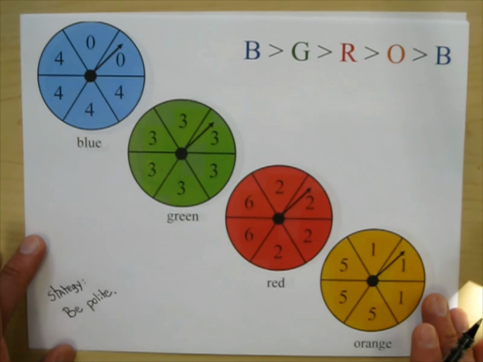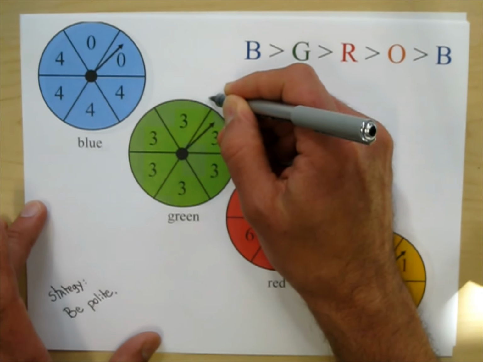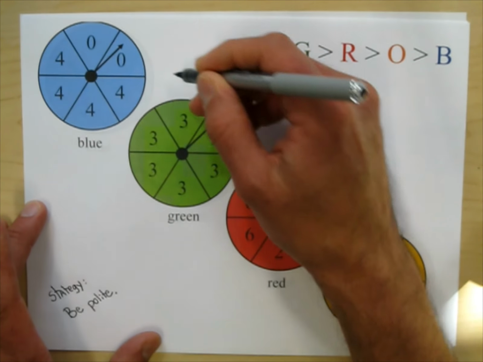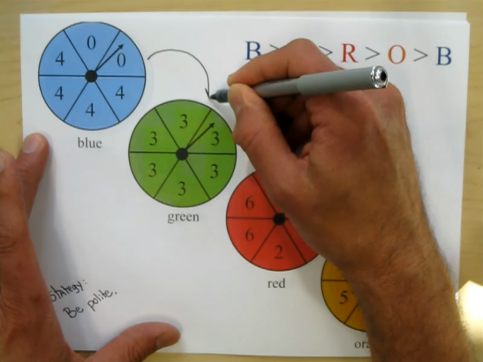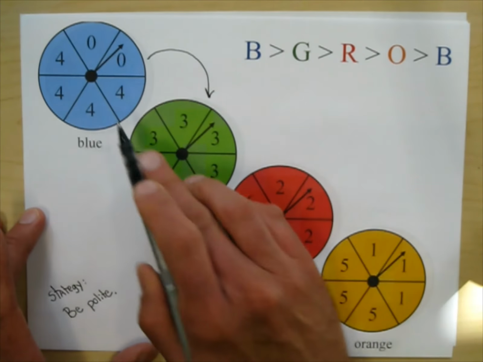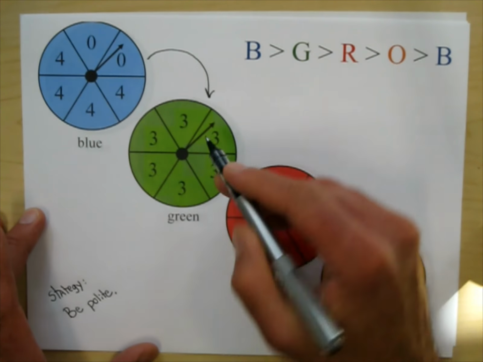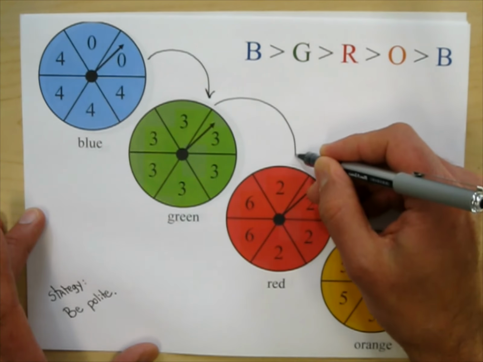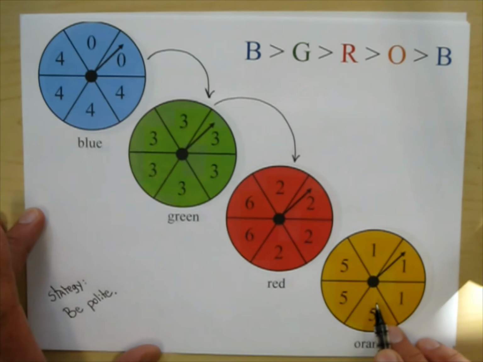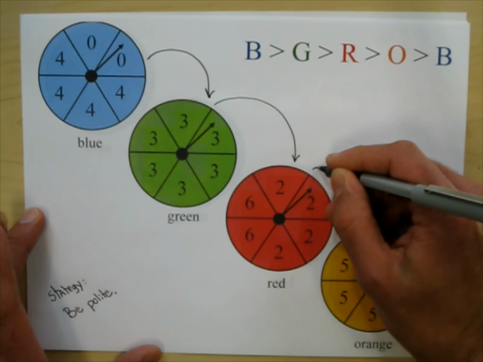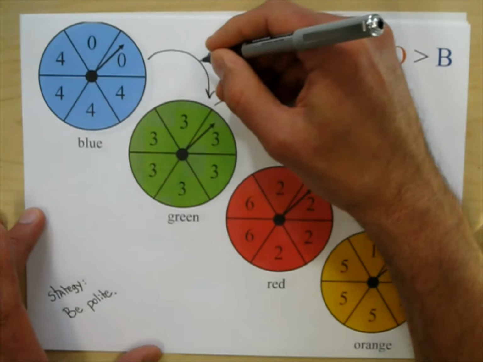Because if your friend picks the spinner, like let's say your friend picks this spinner, then you pick the blue spinner and you beat your friend. So blue beats green. If your friend picks red, you pick green and you'll beat red. If your friend picks orange, you pick red. Red beats orange. Okay, so we'll just say beats.